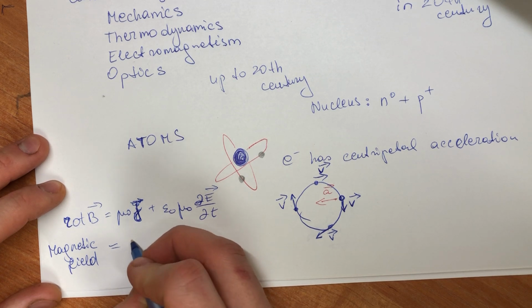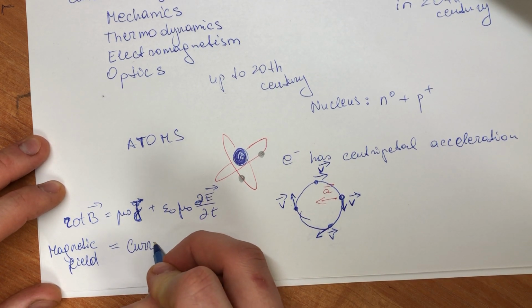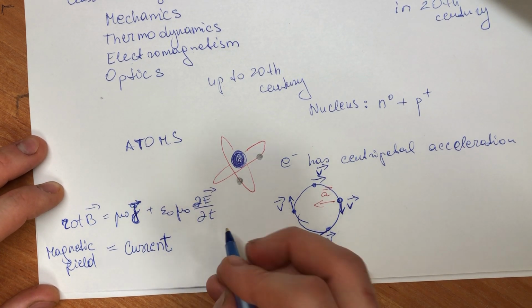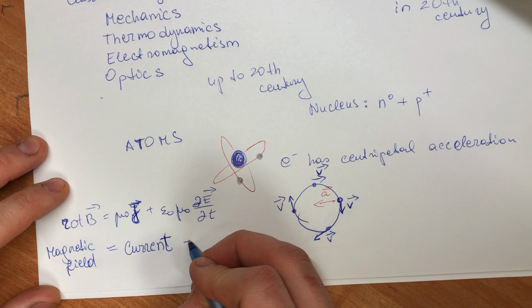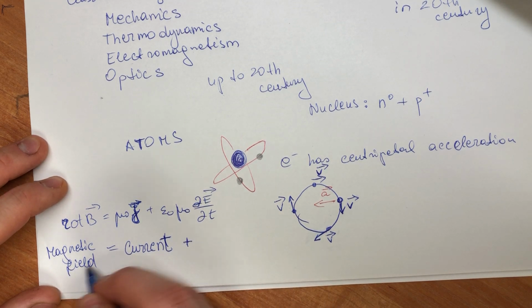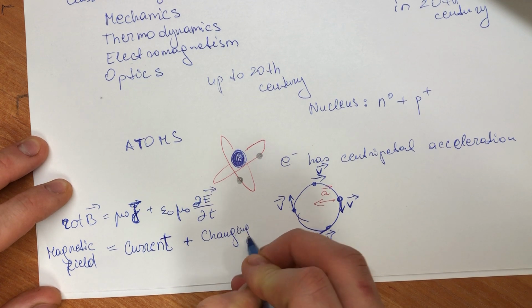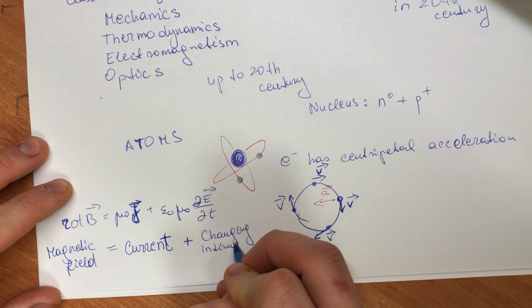Magnetic field is produced by current. This is current density, current divided by surface area. So by current, and also magnetic field can be generated by an electric field changing in time.